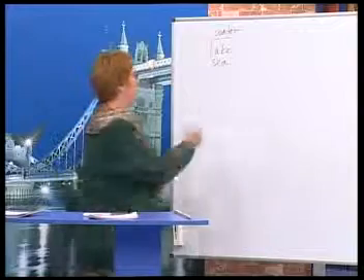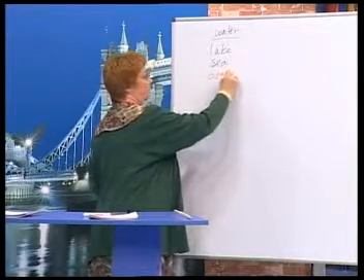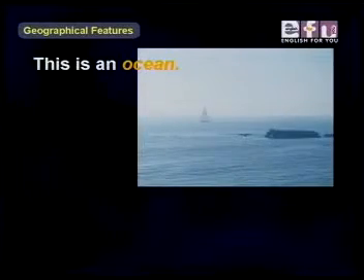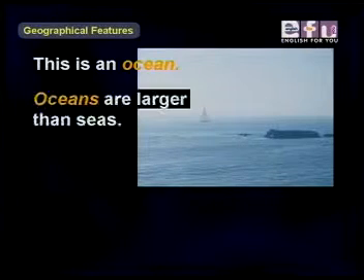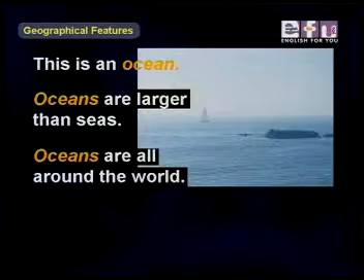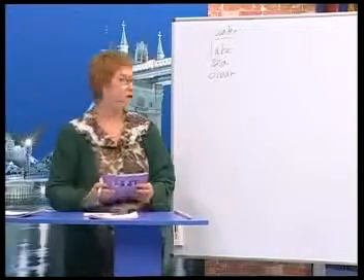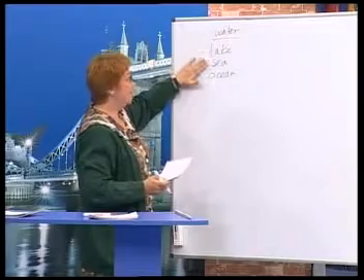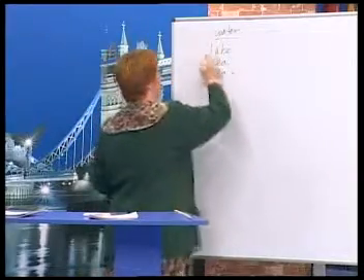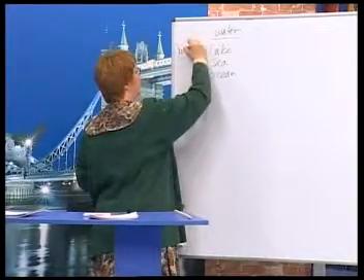The next one is an ocean. An ocean. This is an ocean. Oceans are larger than seas. Oceans are all around the world, and oceans have salt water also. We call lakes, seas, and oceans bodies of water.